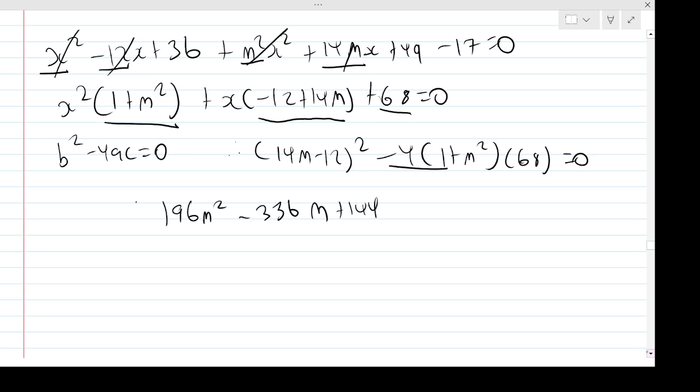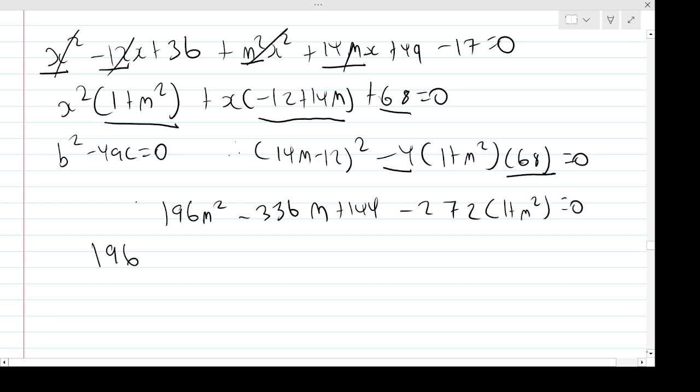Then I need to expand the right set of brackets. So firstly minus 4, then I'm timesing it by the 68, so 68 times minus 4 gets me minus 272 of 1 plus m squared, and that's again equal to 0. So then if I expand that bracket, I get 196m squared, take away 336m plus 144, take away 272, take away 272m squared, equal to 0.